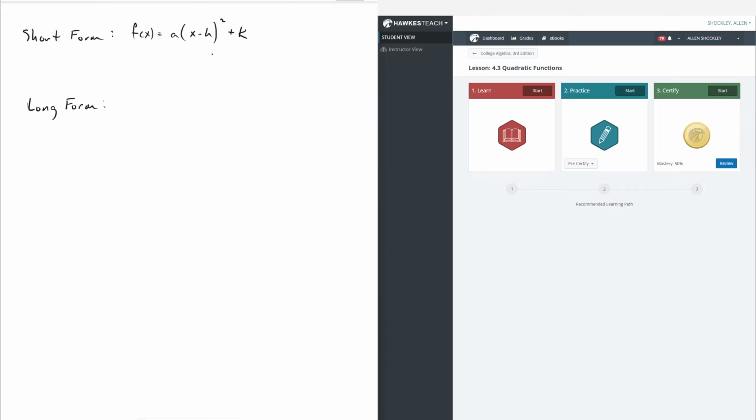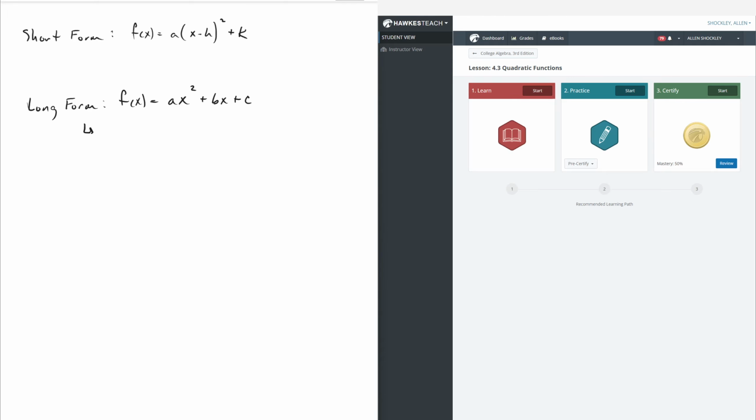This is also known as the vertex form because it gives you the vertex, and we'll talk about that here in a moment. And then you have your long form, which is your standard quadratic equation: ax squared plus bx plus c.